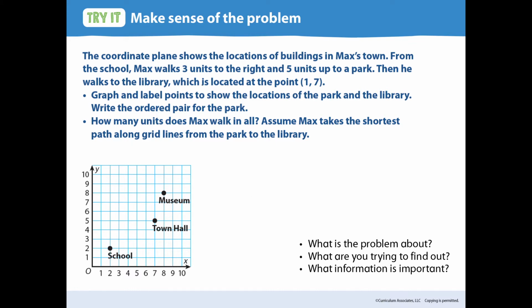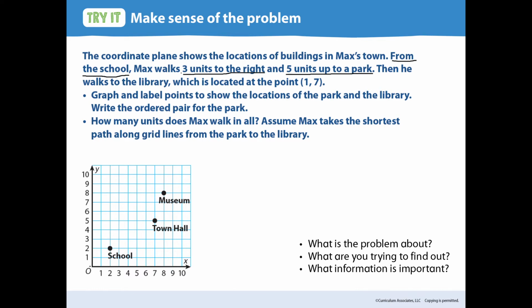So what we are asked to find first is the ordered pair for the park. From the school, he walks 3 units right. So I'm going to underline here from the school. And then he goes 3 units to the right and 5 units up to the park.